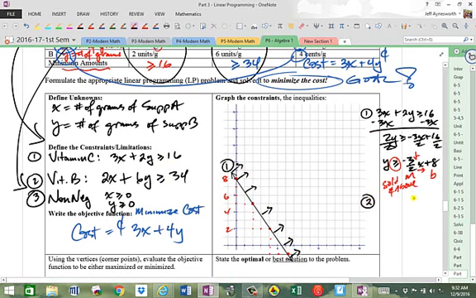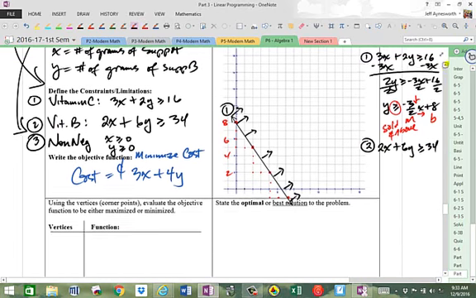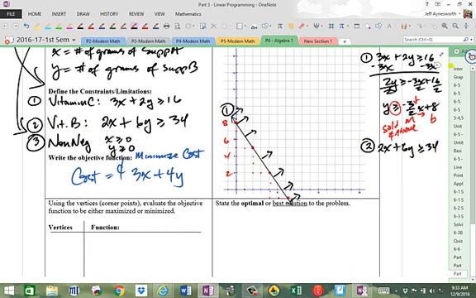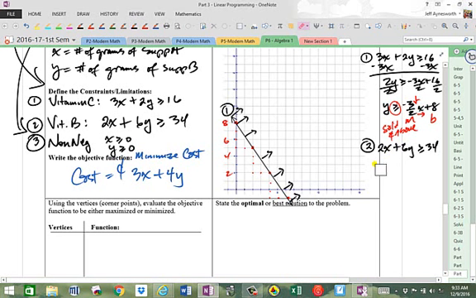Now, the constraint on vitamin B is 2x plus 6y greater than or equal to 34. On this one, we have to subtract 2x on both sides, and we get 6y greater than or equal to negative 2x plus 34.